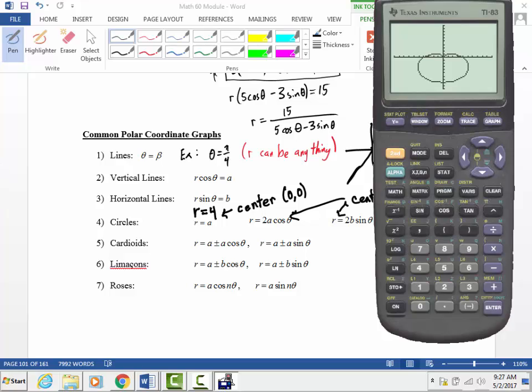It makes it go along not the x-axis, but the y-axis. So can you picture what it's going to be if I make it a plus now? If I make this a plus, okay. So that's called a what? Cardioid.